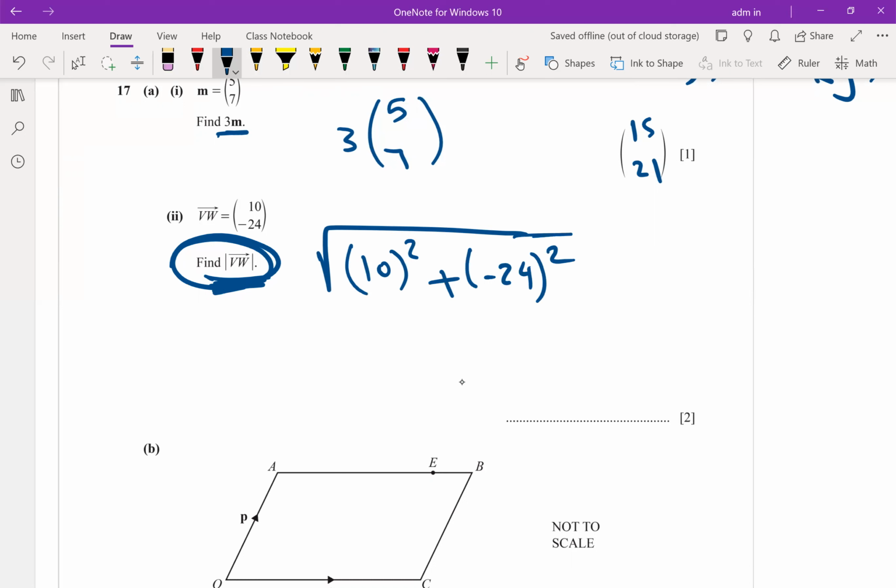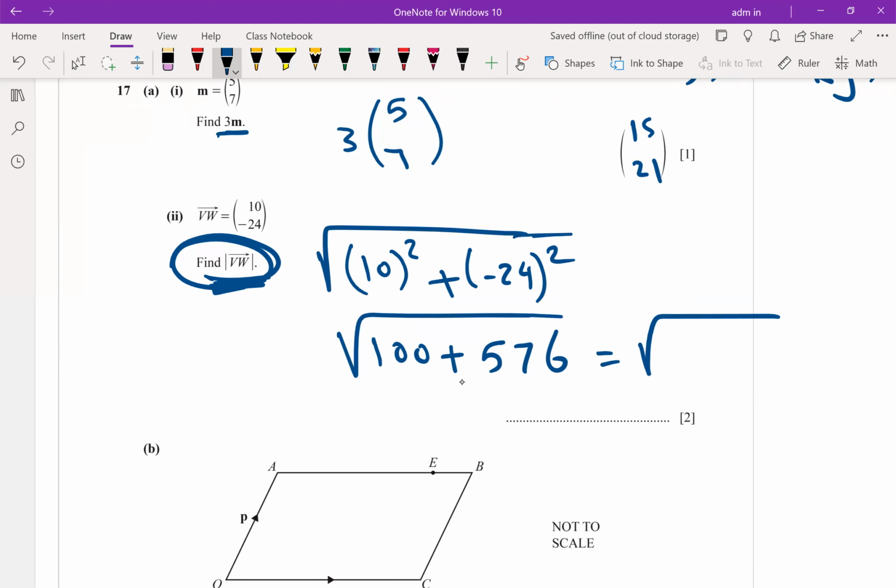So square root of 10 squared, which is 100, plus 24 squared, which is 576. So add and square root. Give me the exact value under the root. Then give your answer to 3 significant figures.